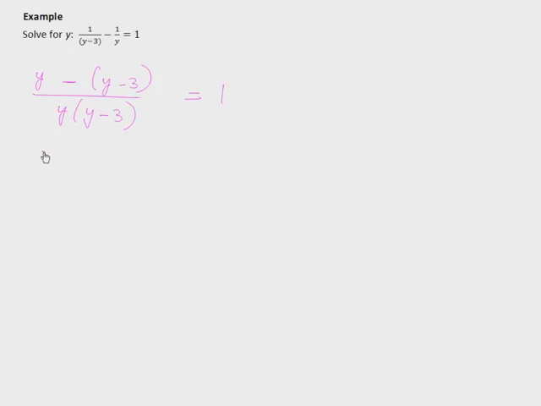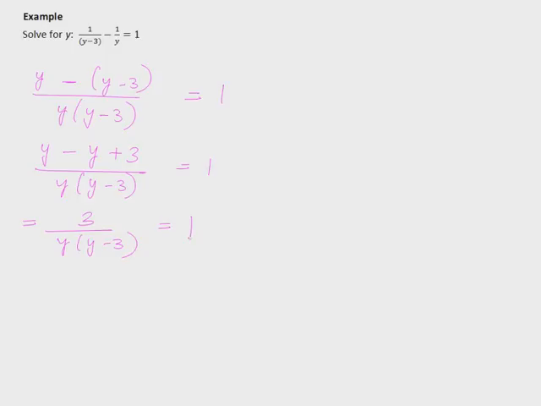I simplify the numerator, it becomes y minus y plus 3. I'm distributing the minus 1 across the y minus 3. We've seen that in an earlier lesson. Upon y into y minus 3. So this becomes 3 over y into y minus 3, because it's equal to 1.